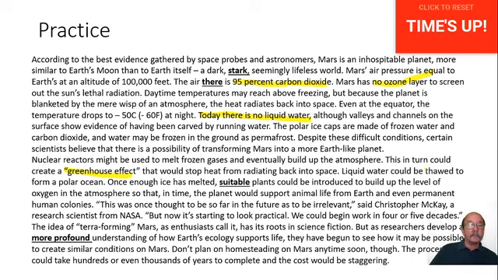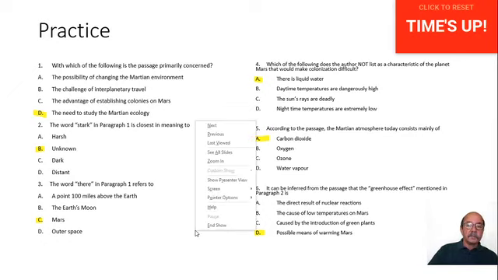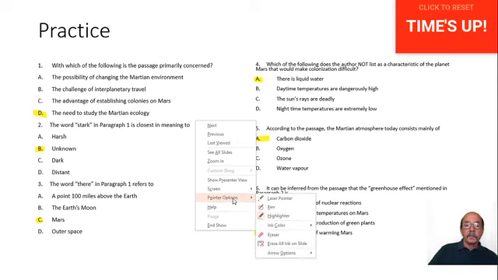Liquid water could be thawed. Okay. So what exactly is this greenhouse effect? Again, the D option would be the best. Well, I'm sure you've got all these answers correct, so there's nothing really to worry about.